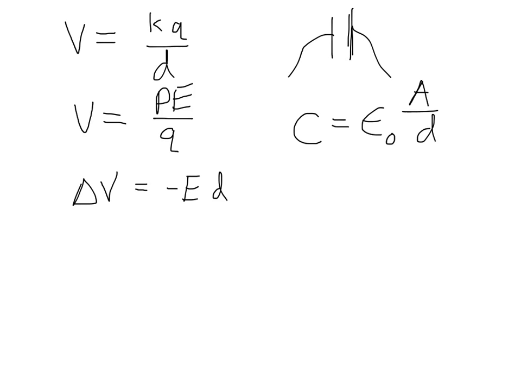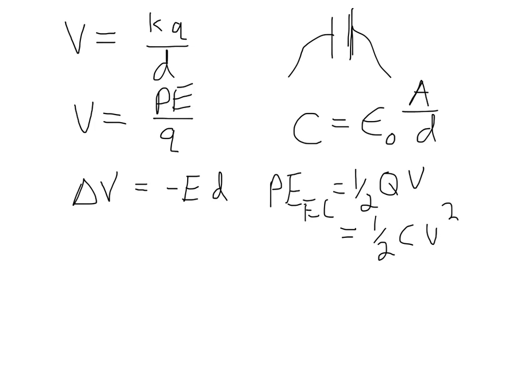So we have electric potential energy on a capacitor is equal to 1/2 the charge on the plates of the capacitor, since we use capital Q for that, times V. It also equals 1/2 the capacitance times the voltage squared.